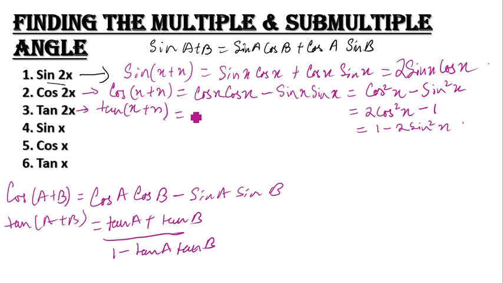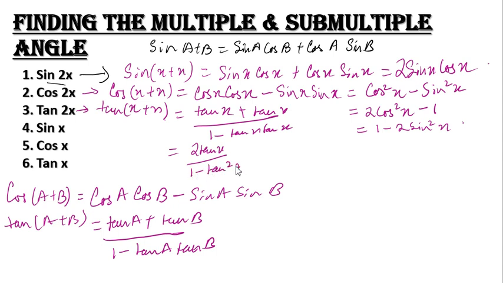So it will be tan x plus tan x, divided by 1 minus tan x tan x. So it is 2 tan x divided by 1 minus tan square x. Okay, clear?